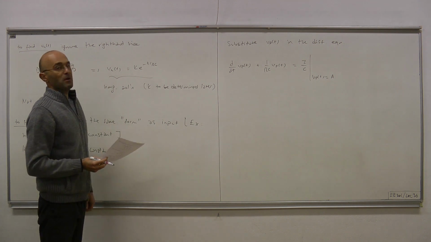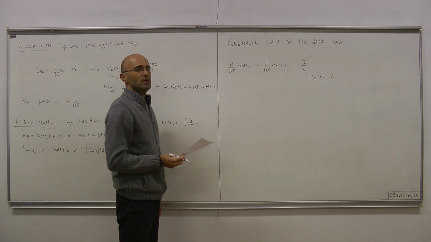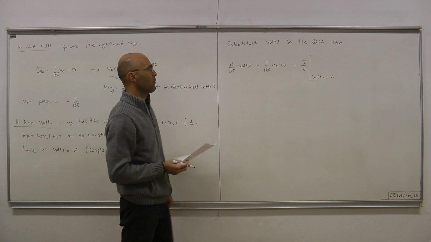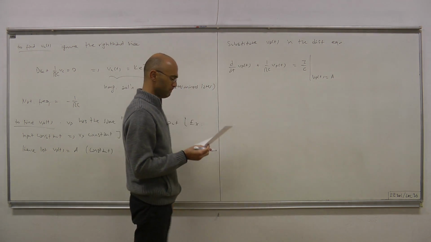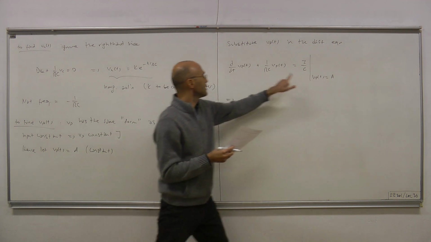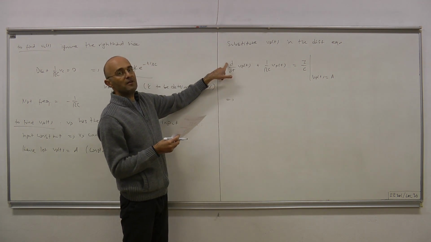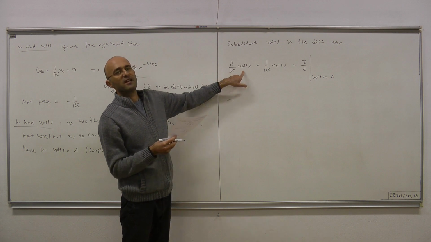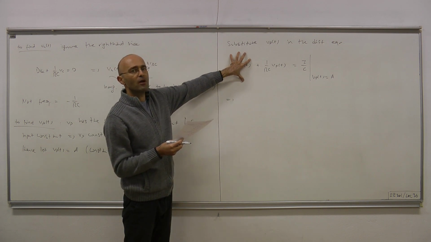The particular solution must satisfy the differential equation, and that will immediately give us what A should be. So let's do that. If you plug this constant into the differential equation, what you have is d over dt of a constant. You're taking the derivative of a constant, therefore this term goes away.